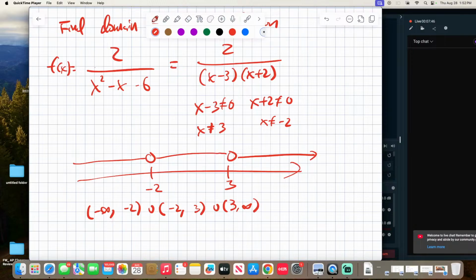That means x can equal all those values except negative 2 and 3. That's the way you write interval notation from left to right. Is this okay? Fairly easy, right? x cannot make the bottom zero.